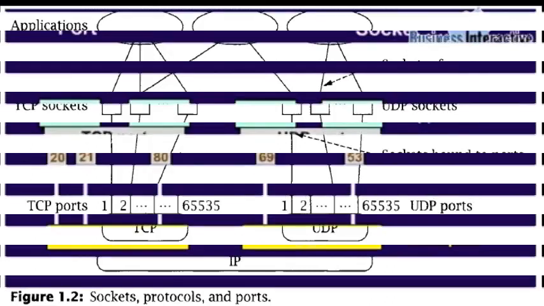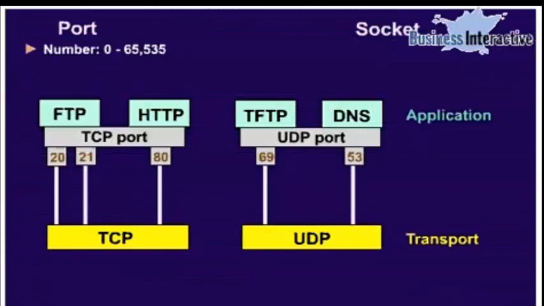We'll discuss this now. Every service or application, like FTP or HTTP, has a port to identify it. And now we have a TCP linked to that port, or a UDP linked to that port, which are basically two major transport layer protocols.